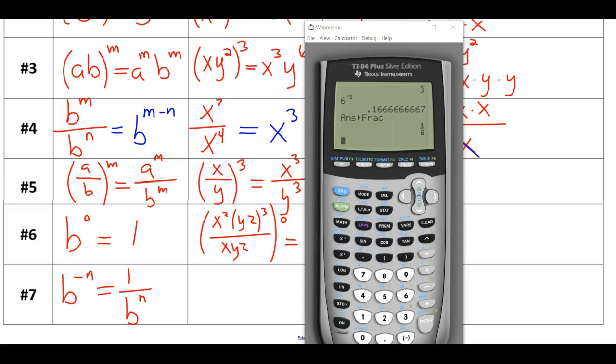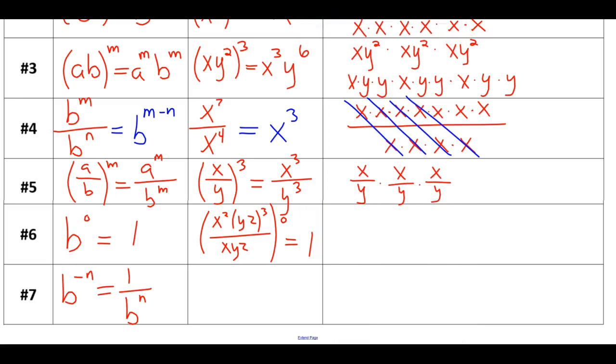So, for example, if I had x to the negative 7th power, you're just going to write 1 over x to the positive 7th power. All it does is move it to the bottom of the fraction and make it positive. Now that also happens backwards.